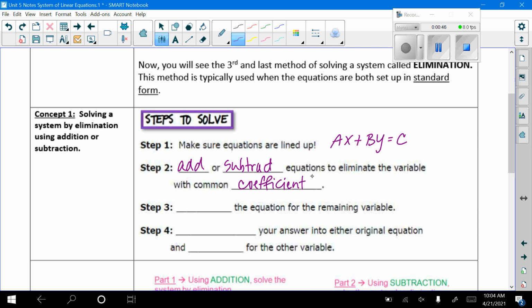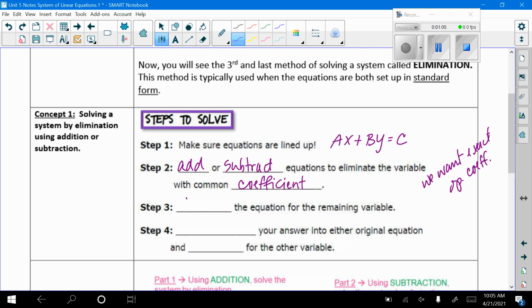Actually, what we want to do is make them exact opposite coefficients. So I want one to be positive, one to be negative, so they actually cancel each other out.